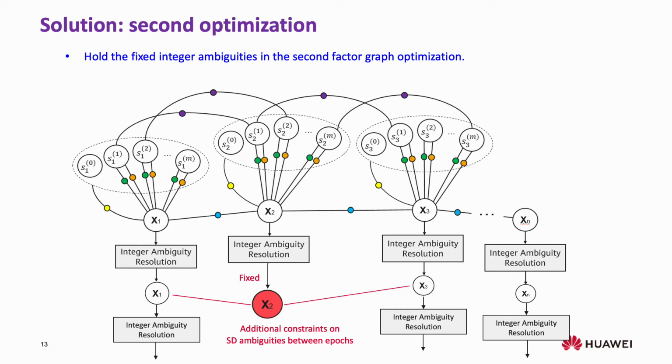To resolve this problem, a second optimization is applied to hold the fixed integer ambiguities from the last optimization.